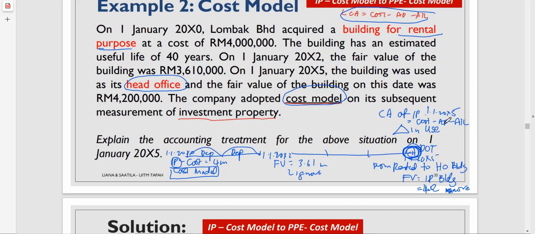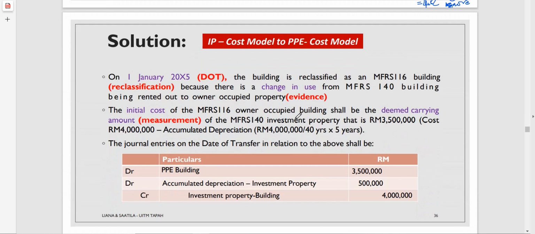Let's look at the requirement. You are asked to explain the accounting treatment for the above situation only on 1st of January 20x5, which is on the date of transfer. So you need to mention the reclassification and also the carrying amount. So on the date of transfer, 1st of January 20x5, the building is being reclassified as an item under MFRS 116 building.